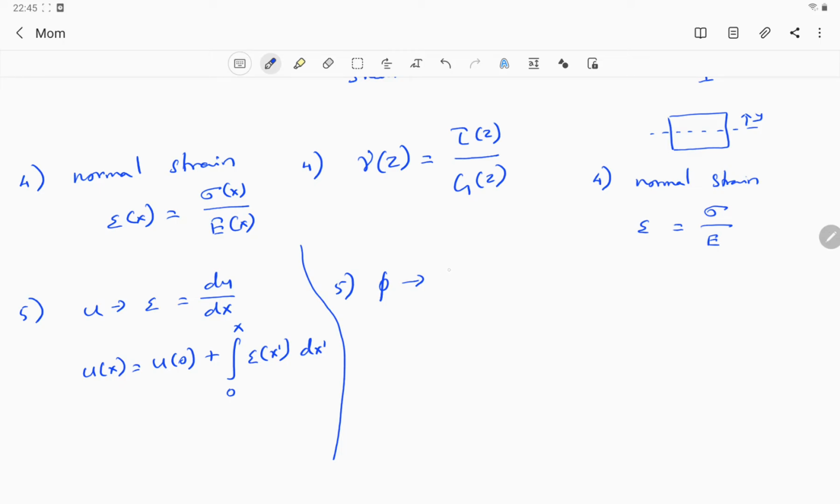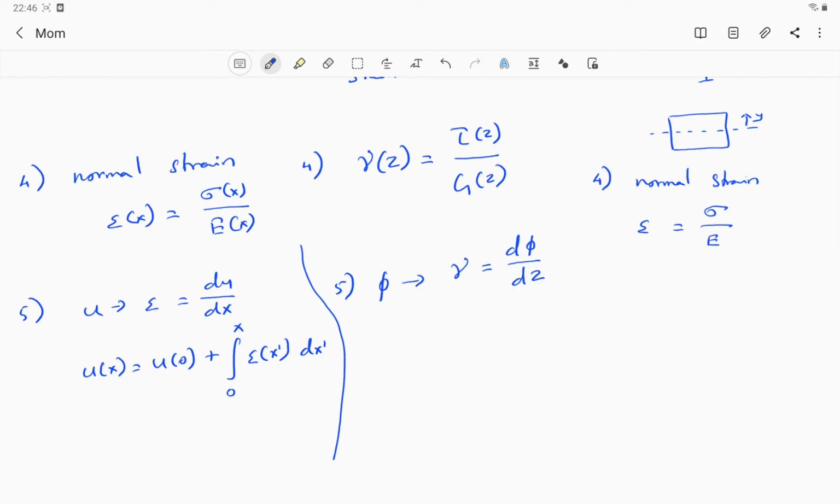So here we calculate from gamma. The relation between gamma and phi is such that gamma is equal to d phi by dz. Okay, so that's the formula.